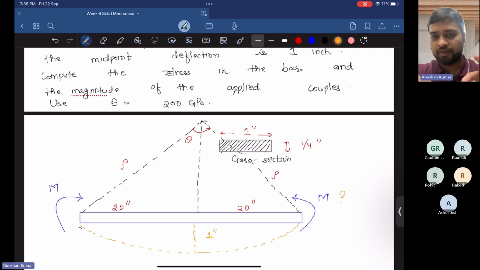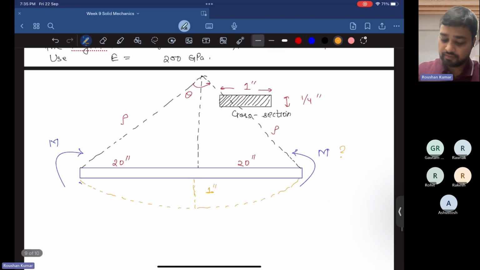However, to maintain the length the same, the end point will also shift downward. But here, as the deflection is very small, that is 1 inch, we are assuming that the deformed beam will be of the same length.